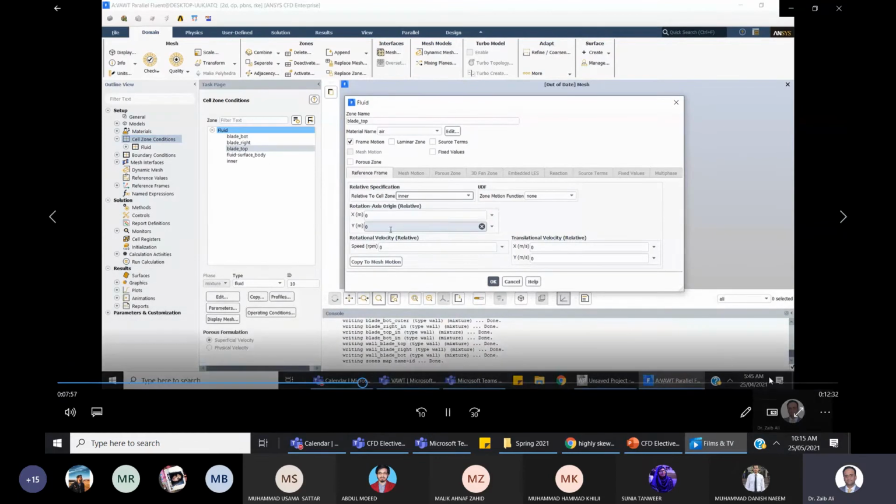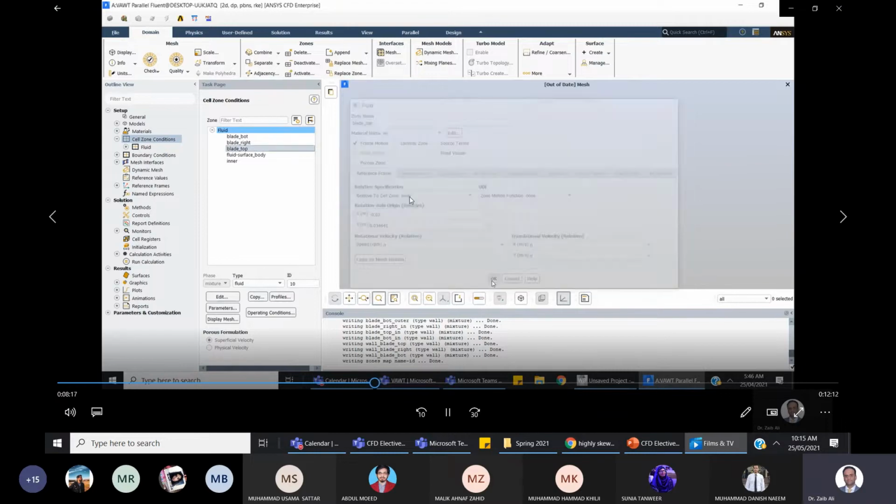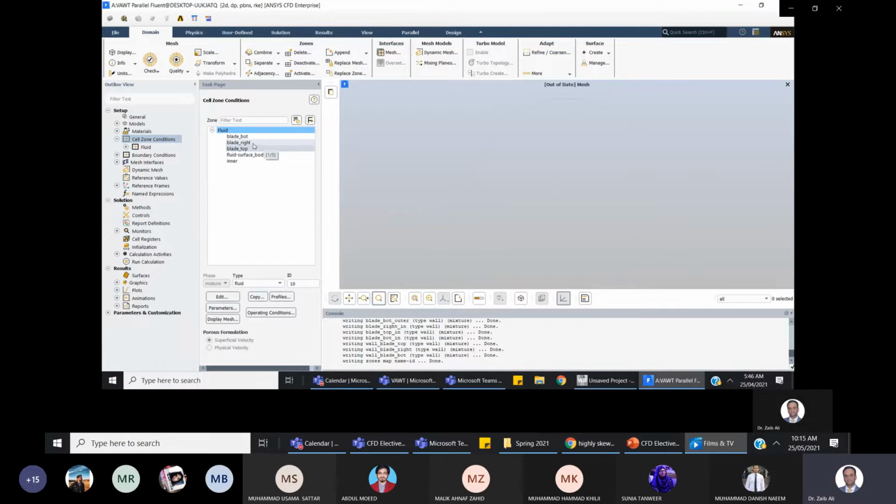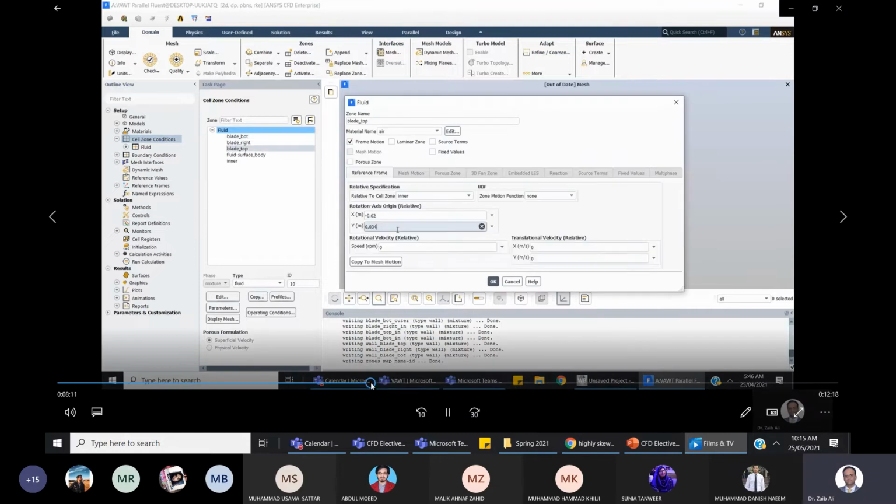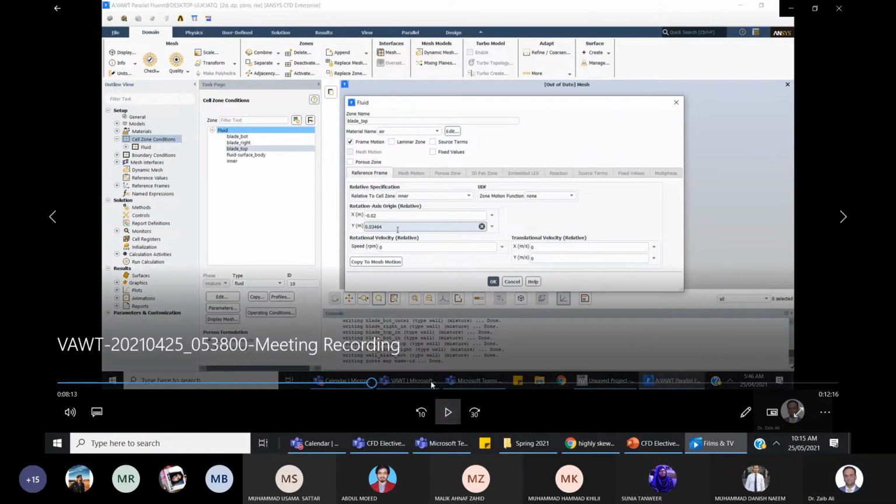So that's what we are going to do here. The first thing we have done is, relative to cell zone, instead of absolute, we have mentioned inner. That means it is moving with respect to inner. I go back again. We are prescribing that this blade zone is moving relative to which zone?